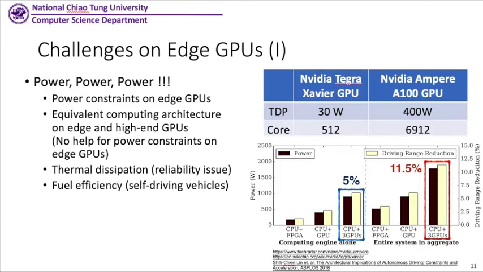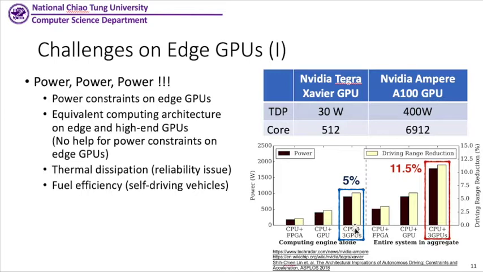Let's move on and discuss challenges on edge GPUs. Low power is a critical issue when designing edge GPUs. From the upper figure, the power consumption is proportional to the number of GPU cores. Compared against the FPGA, the GPU consumes more power.